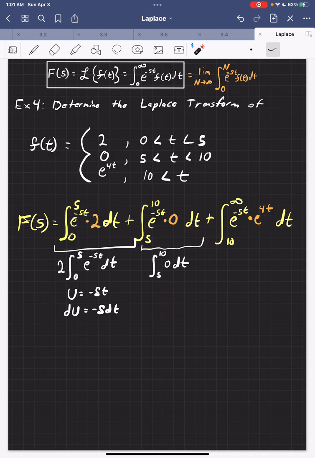But those constants of integration always cancel out when you're doing definite integration. So this is just going to equal 0. Very easy.